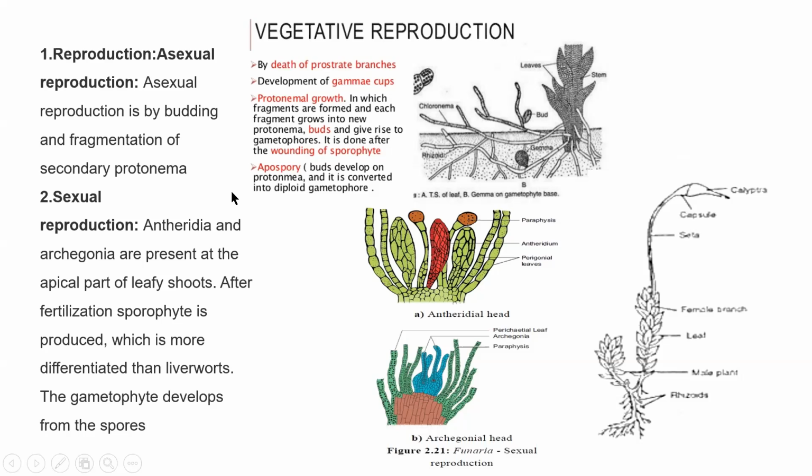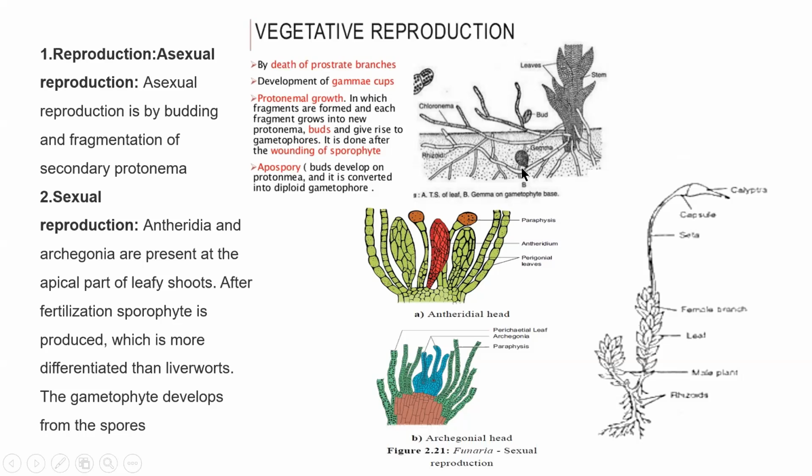The primary protonema is also called chloronema because it has a high number of chloroplasts. It is green in color. And you have the formation of secondary protonema, and when they get fragmented, each can give rise to a new plant. At points, you can see bud-like formation.